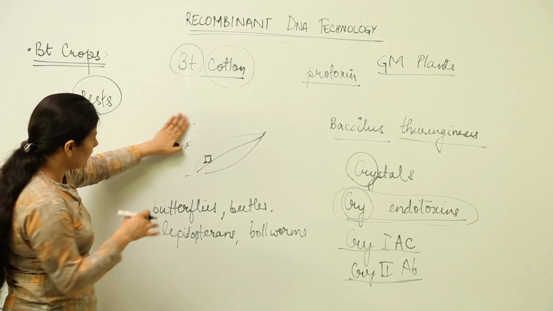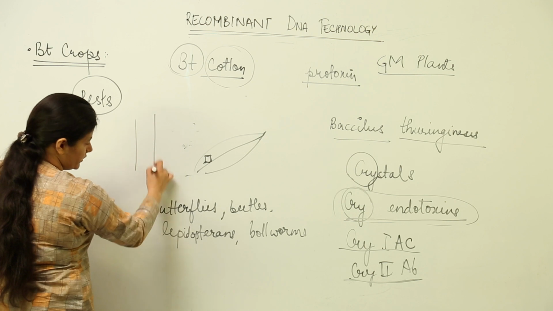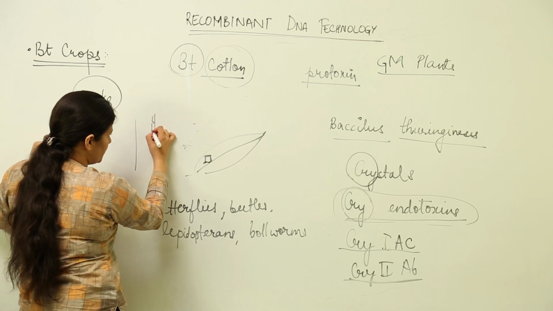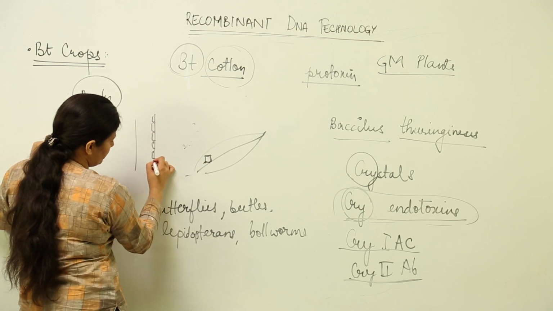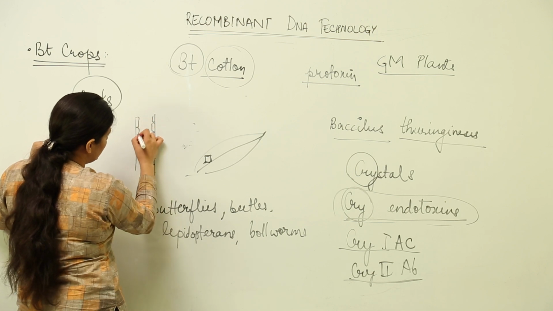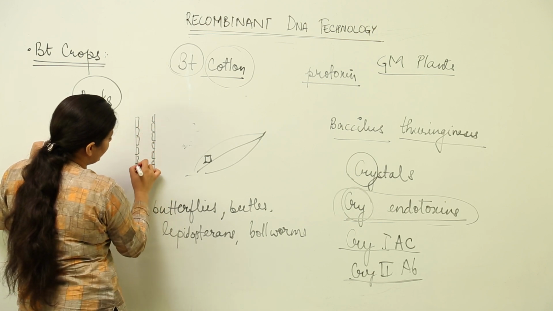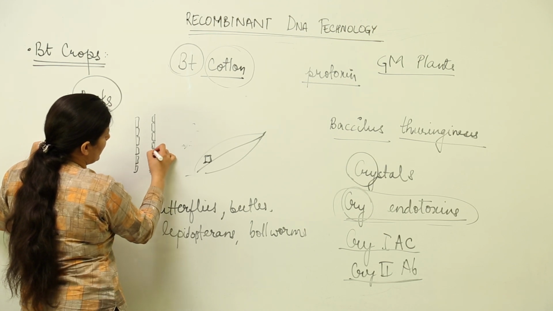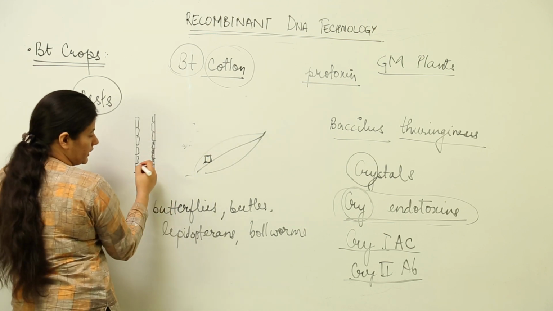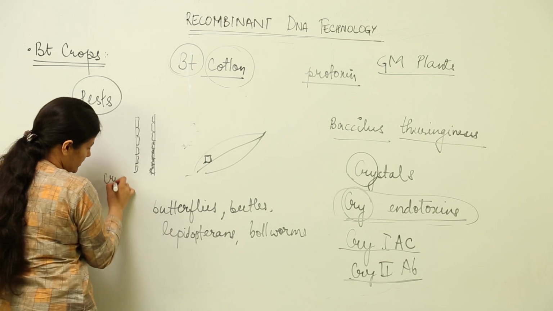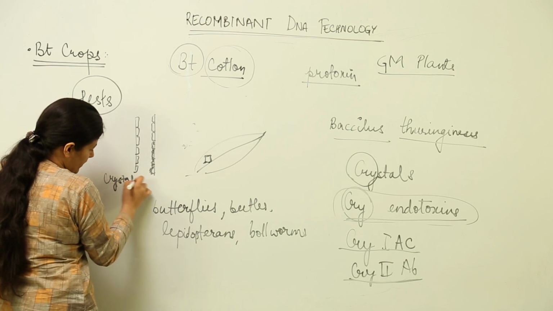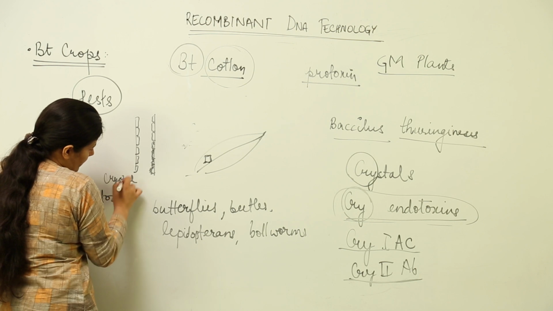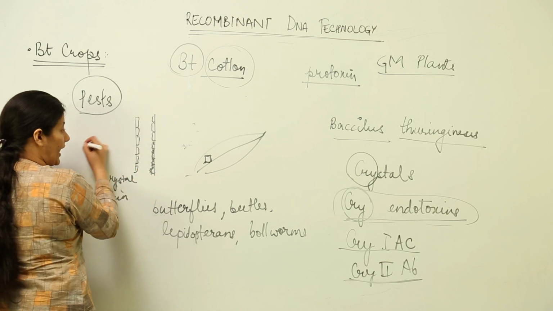Inside the gut of the particular insect, this protoxin is going to come in contact with the brush bordered epithelium of the intestine, and this protoxin would get converted into proper crystal toxin when it comes in contact with the alkaline pH.